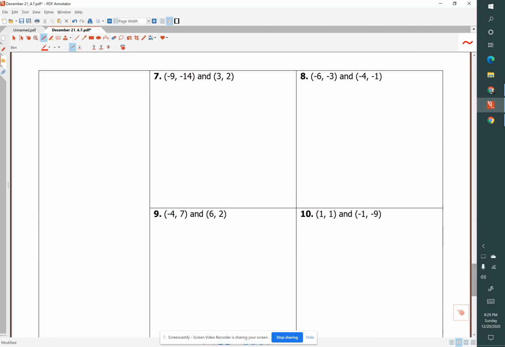Now, they don't necessarily get harder, just that you have to be very careful of the negative numbers, and you have to know how to handle fractions. So let's look at number 7.